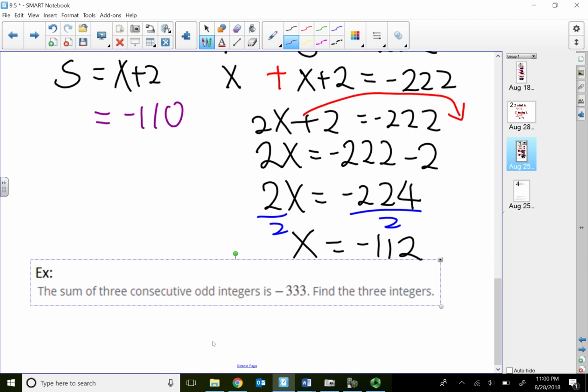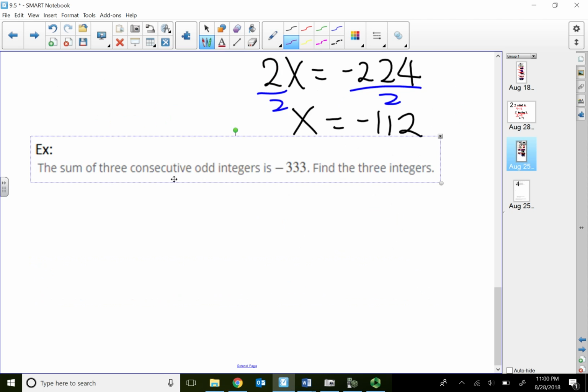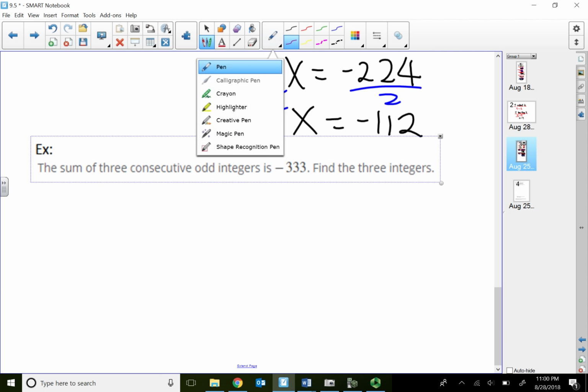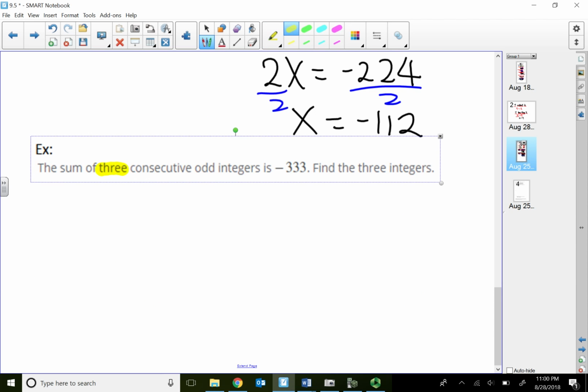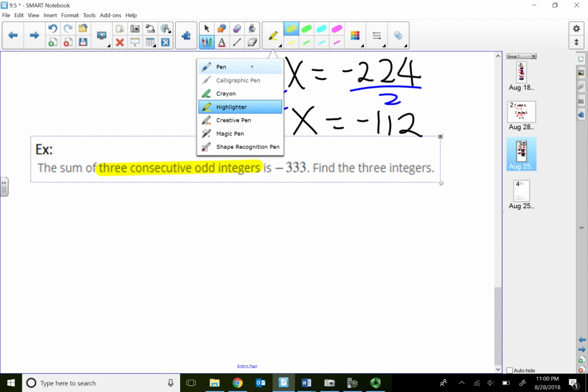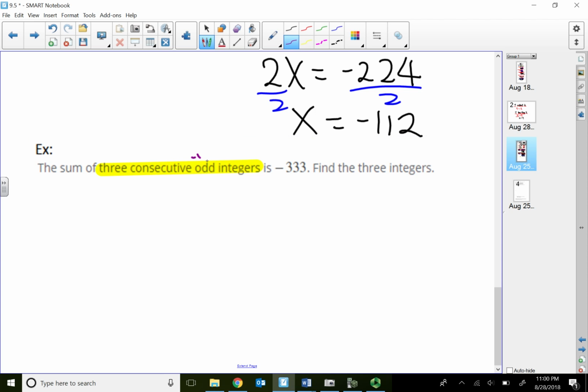All right, let's try this one. This is a sum of 3 consecutive odd integers. So dealing with 3 consecutive odd integers, when it says even and odd, my setup is the same.